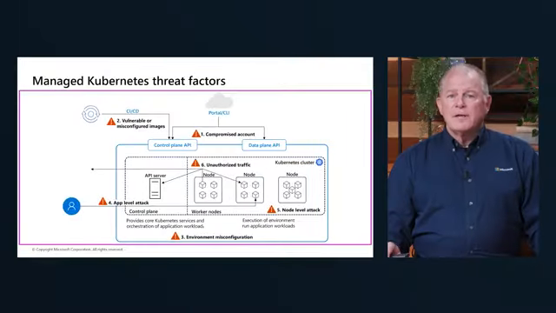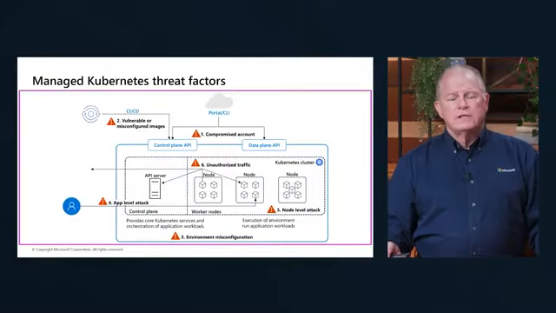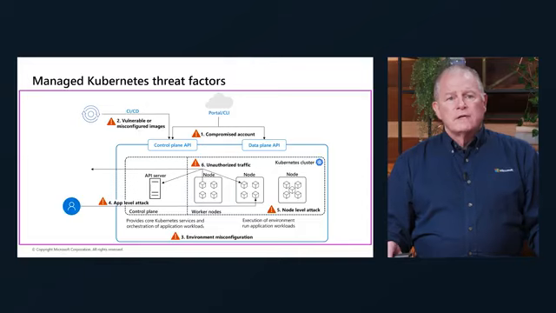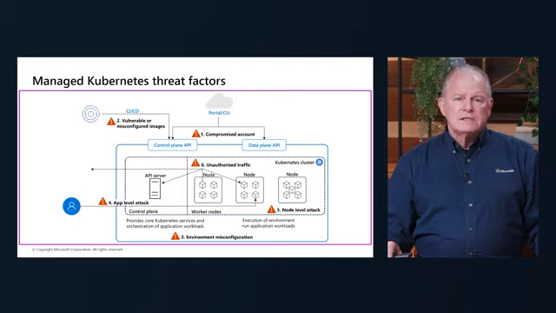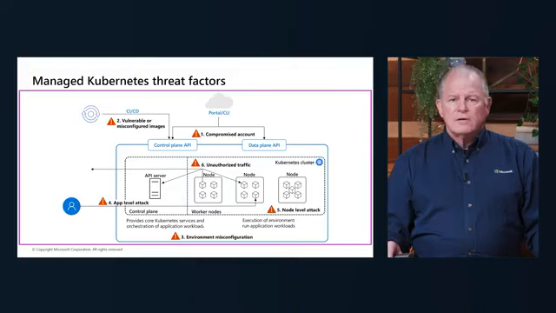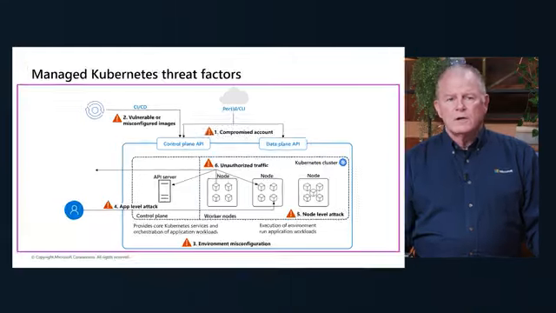Managed Kubernetes environments come with their own set of security challenges. It's critical to understand and mitigate threats across various instances. For example, compromised accounts can lead to unauthorized access and data theft. To prevent this, you need to implement strong authentication mechanisms. Multi-factor authentication, or MFA, and least privilege access principles are critical.